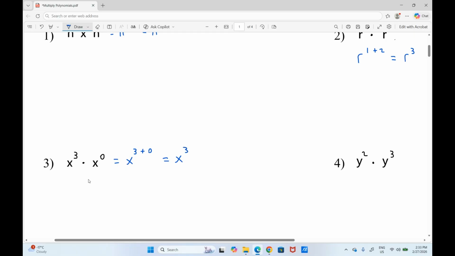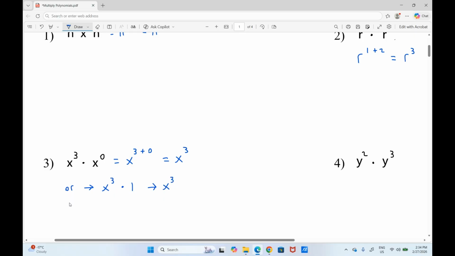Now, another way to think about this, any number to the exponent of 0 is 1, except when x is equal to 0. So you can also write this as x to the exponent of 3 times 1. And that still just gets you x to the exponent of 3.